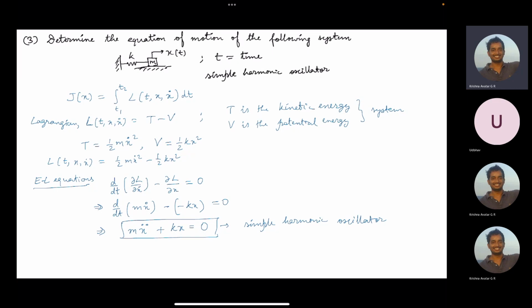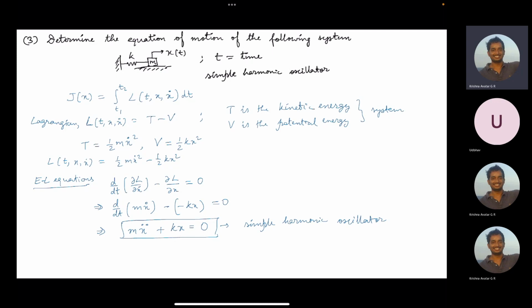Due to the motion of the mass, the extension in the spring is x, which gives the strain energy in the spring as half k x squared. After putting both these expressions for T and V in our Lagrangian, we have L equal to half m x dot squared minus half k x squared.